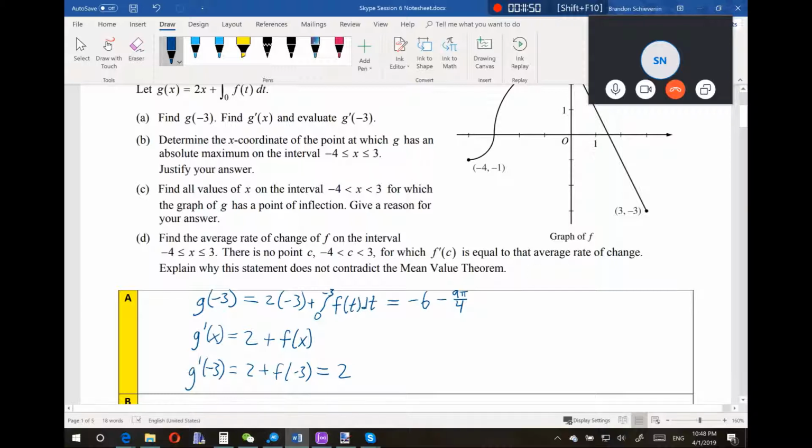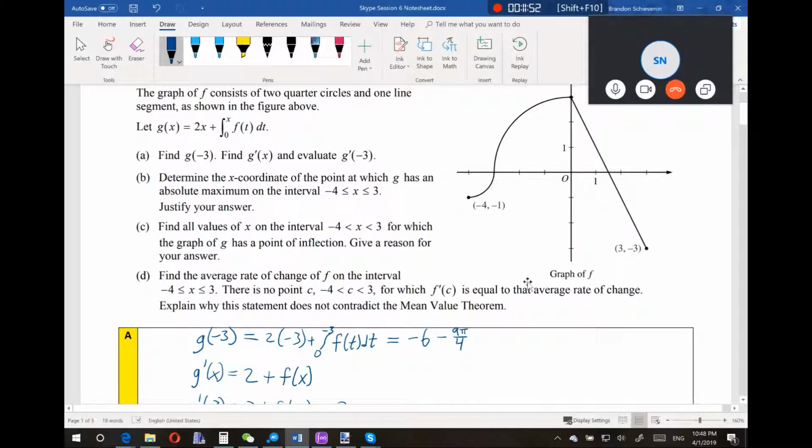Okay, so for this one, let's look at our critical points first, and then we'll see if it makes sense to test the endpoints. So, do I have any relative maximums looking at this graph? Since I know g prime at x is 2 plus f of x, are there any points where f of x would make g prime equal to 0?